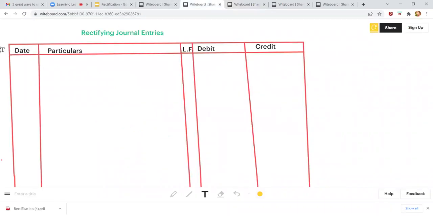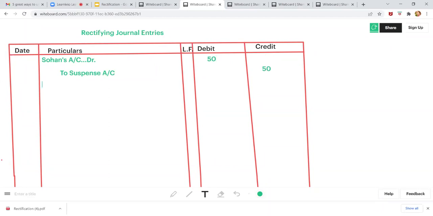In this rectifying journal entry, in the date column, this is the first entry. The first entry is Sohan's account debit to suspense account credit, with the amount of 50 rupees on the debit as well as the credit side.